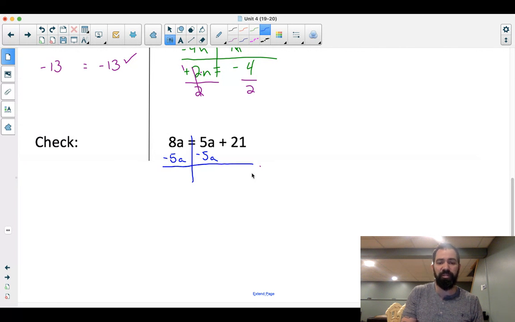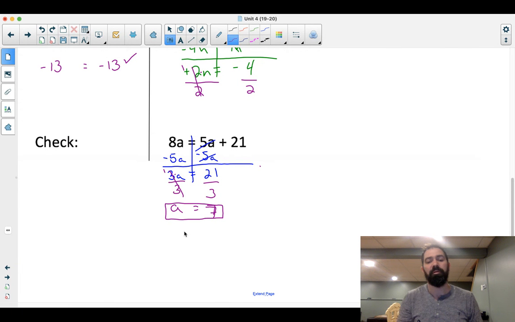Again, whatever you do to one side, you do to the other. 8a minus 5a is 3a. 5a minus 5a is 0, and we're left with 21. And then our last step, 3 times a, so we are dividing by 3. 3 divided by 3 is 1, so we're left with a equals 21 divided by 3, which is 7. And you are done. Great job.